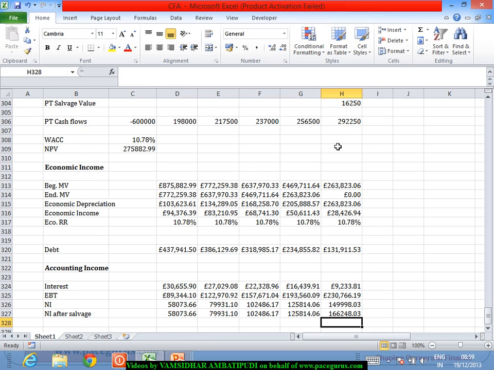So these are the accounting incomes, whereas these are the economic incomes.